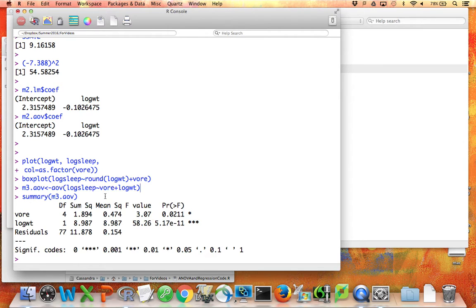But the basic idea is the same, that we are going to take the total sum of squares and divide it into sum of squares that's due just to residuals and sums of squares that are due to the various predictors, and if there are multiple of them, then all three of these sums of squares should add up to the total. So we're taking what we've been calling the sum of squared model, and we're dividing it into the portion of that that's due to the vors having different log sleeps, and the part that's due to the log sleep varying by the log of weight.